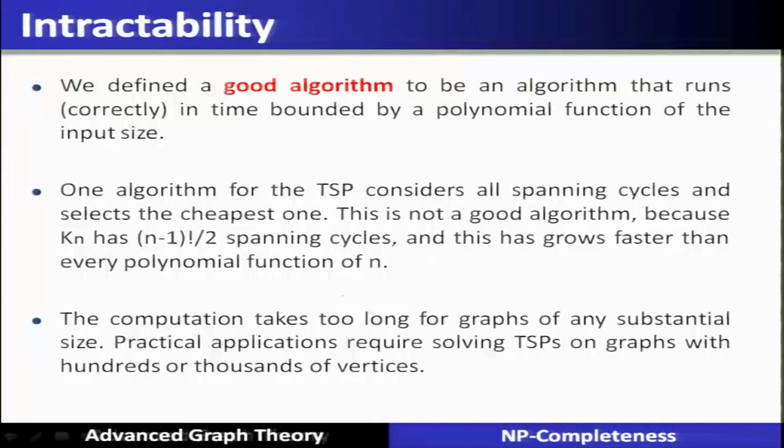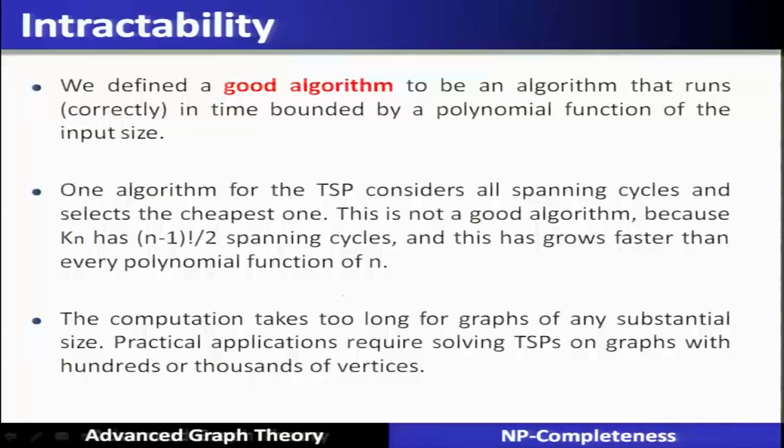So, for a given input size n, the total time required is not a polynomial function, but an exponential function. Why? Because here we have (n minus 1) factorial by 2, and this grows faster than every polynomial function of n.